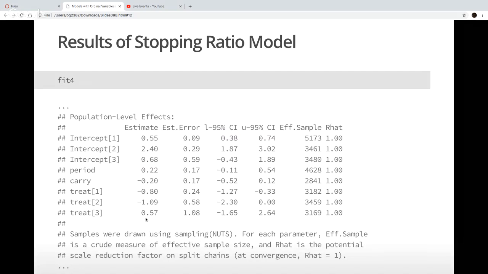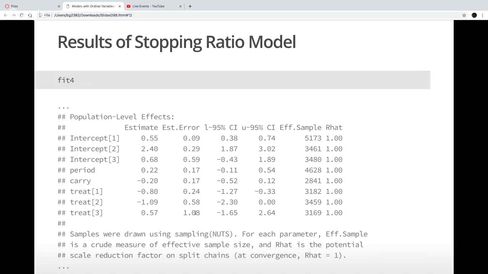The first two are reasonably precisely estimated, and we're fairly sure, at least 0.95 probability, that they're negative. However, for the third outcome category, the treatment effect has a posterior mean of 0.57, but a very large posterior standard deviation. It's about double that, and thus there's like a 50% chance that the treatment effect is negative and about a 50% chance the treatment effect is positive for the third treatment category.